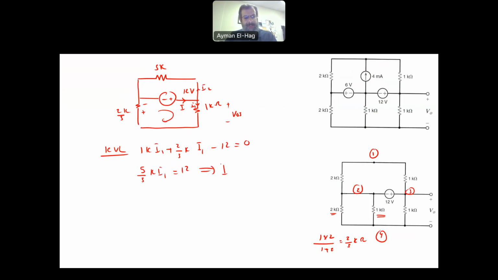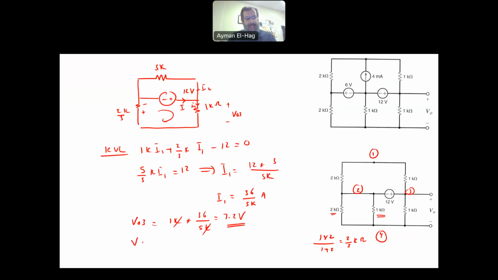Your I1 is equal to 12 times 3 over 5, which is 36 over 5K amps. Then your V out 3 will equal 1K times 36 over 5K. The K will cancel and we'll get 7.2 volt.